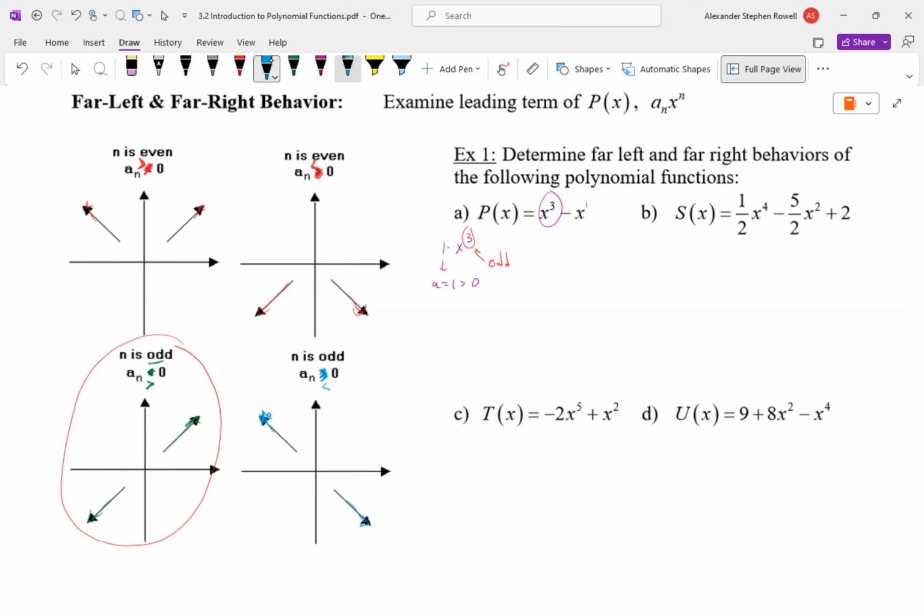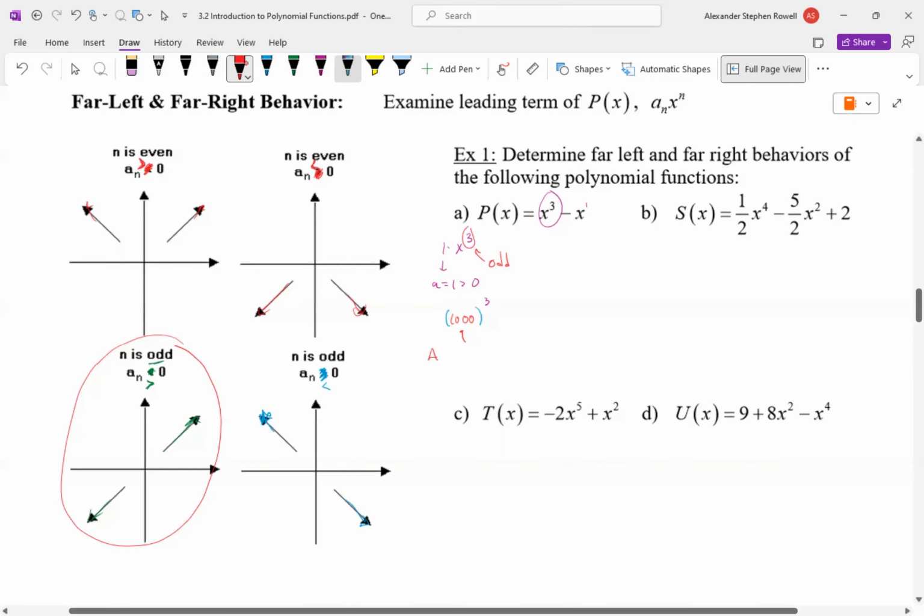The way I double check this is I plug in my favorite large number. What's your favorite large number? All right, 2000. I'm going to do 1000. When I plug in 1000, I'm really saying as x goes to the right, I'm really saying as x goes to infinity.